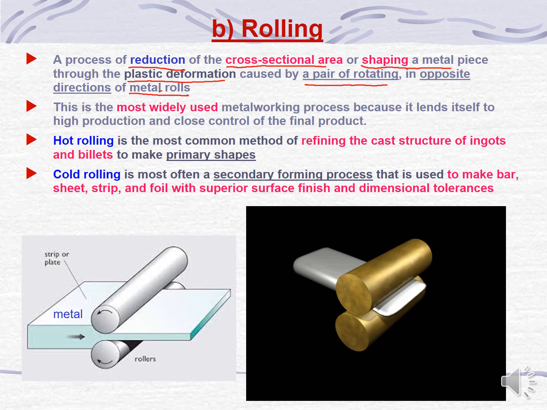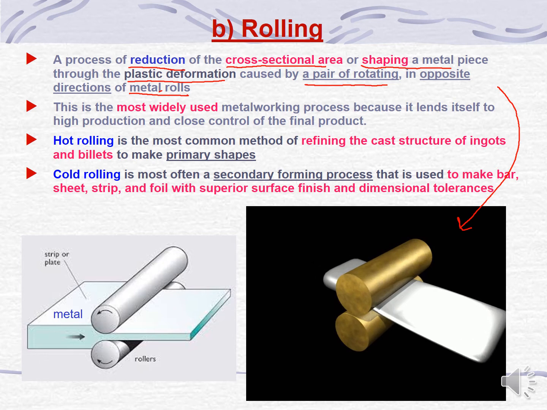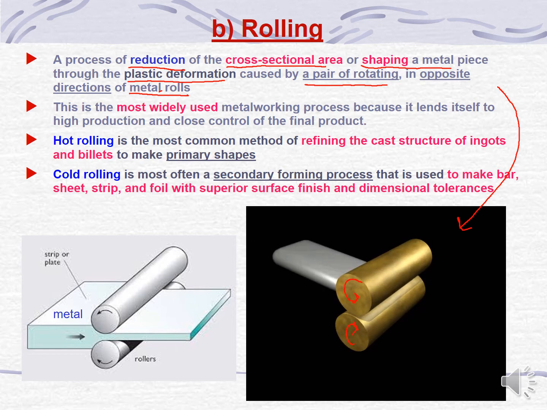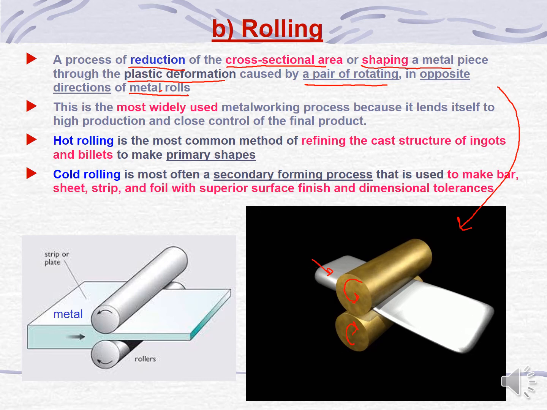Okay, here is what you can see from the animation. In this process, there are two rollers, on the top and at the bottom. These rollers are rotating in the opposite direction. The metal will go through the rollers.